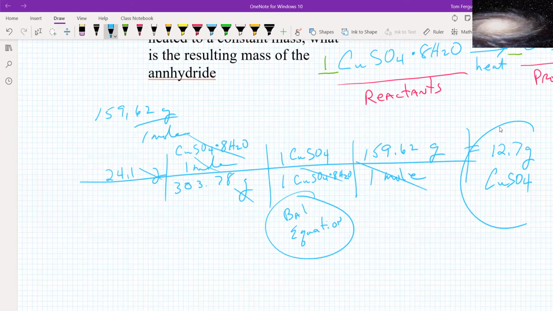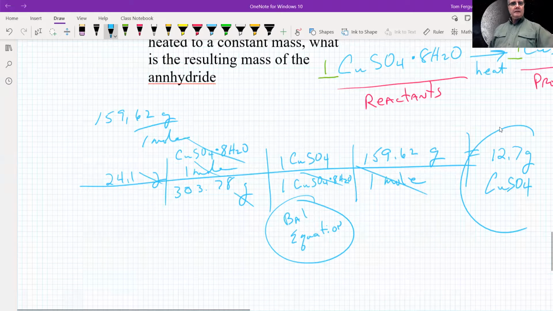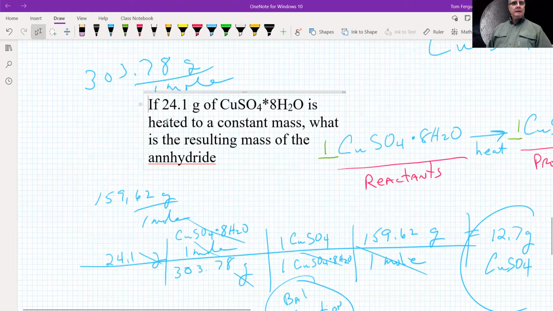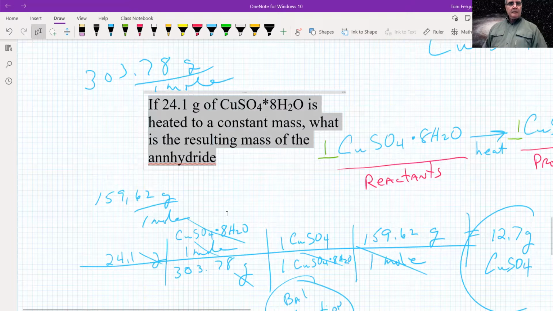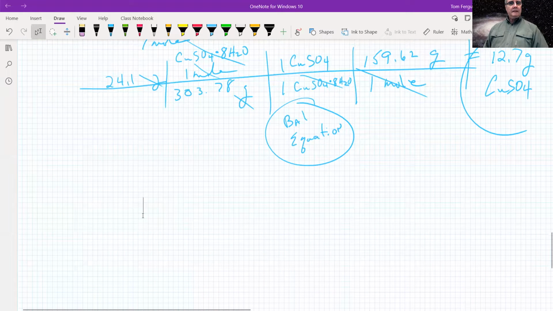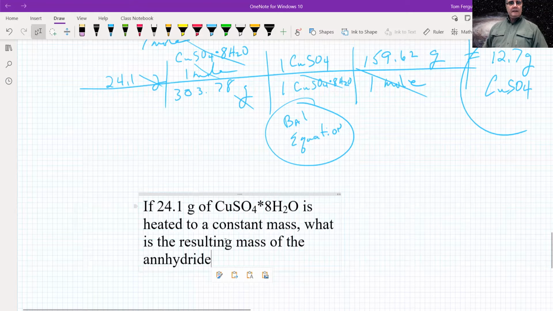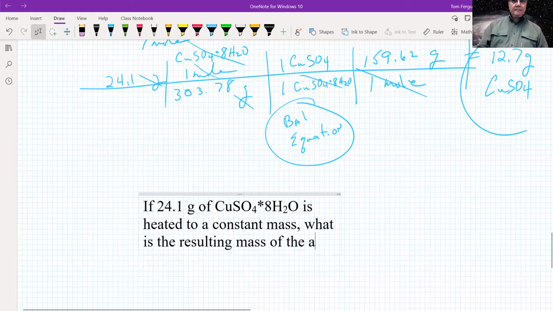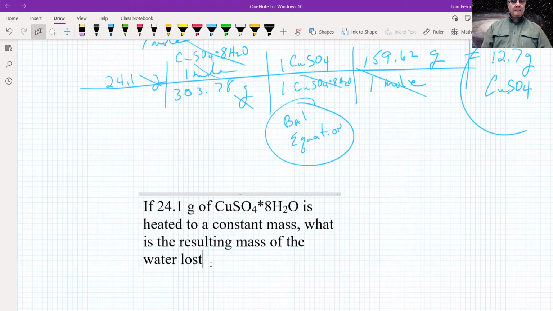All right, let's do a slightly modified version of this problem. Okay, so we're starting with 24.1 grams of the hydrate again.